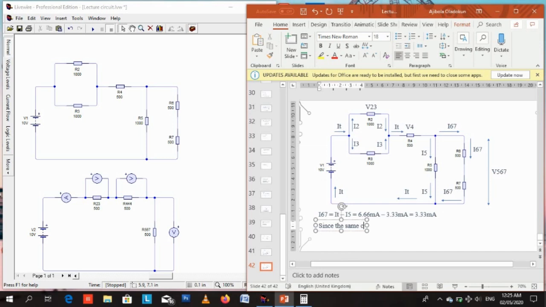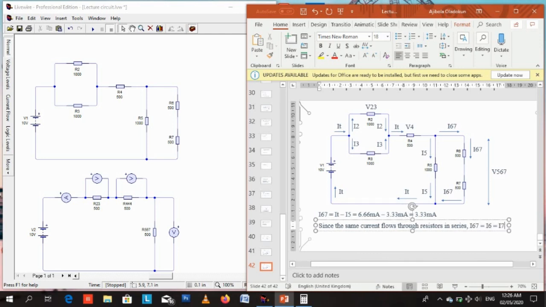Now, since the same current flows through resistors in series, we remember that R6 and R7 are connected in series. Both of them are connected in series, and the same current flows through resistors that are connected in series.